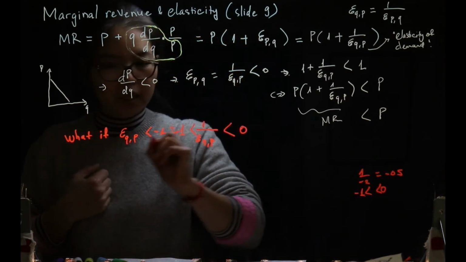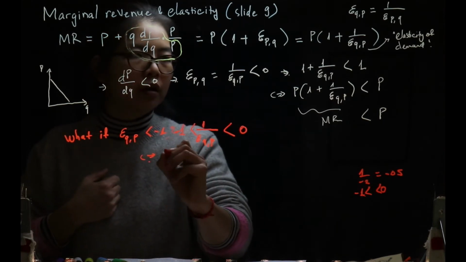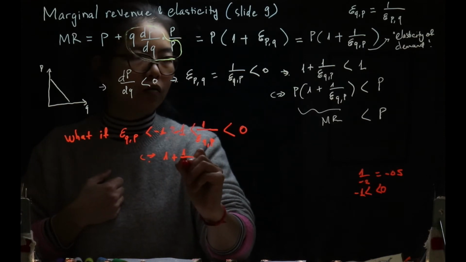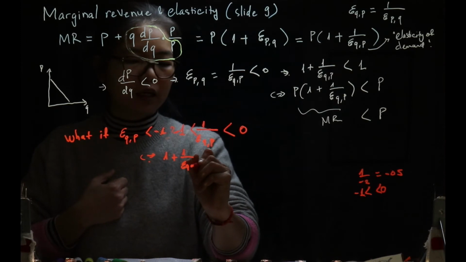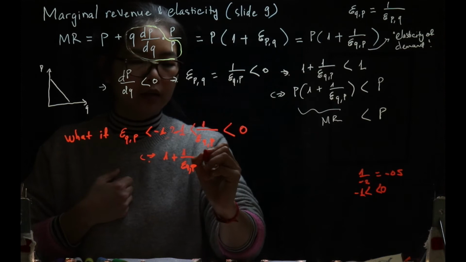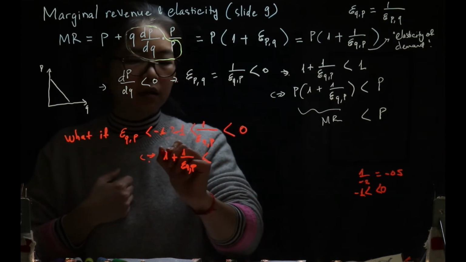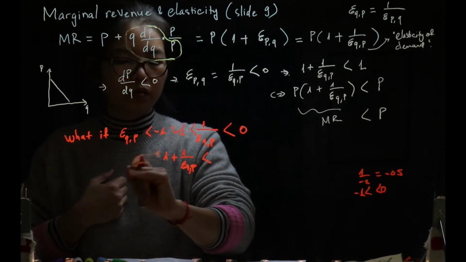And that means we would have 1 plus 1 over the elasticity of demand larger than 0, right?